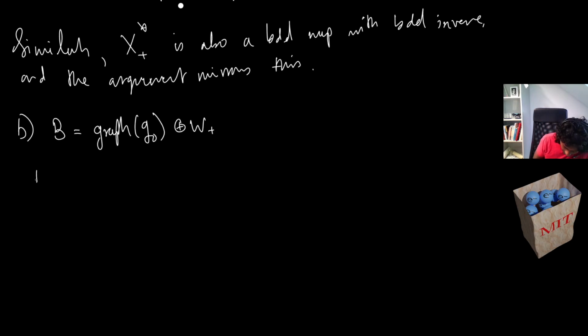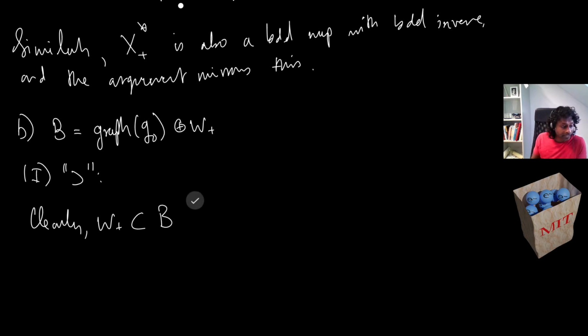Okay, so again we have a nested, second nested thing. So the inclusion this way. So clearly W plus by construction is a subspace of the B by construction. So it suffices to prove that the graph is contained in B.